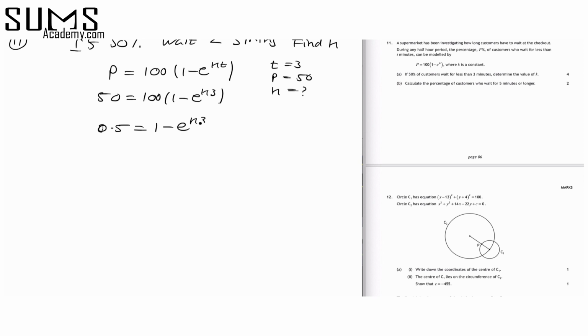So you can rearrange this so it becomes minus e to the k3 equals 0.5 minus 1. But then when you swap the sides around, you get e to the k3 equals 0.5. Now you can just take logs on both sides, ln.